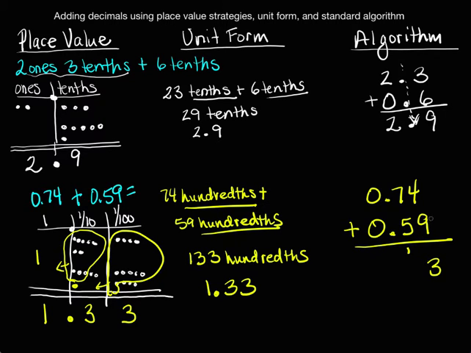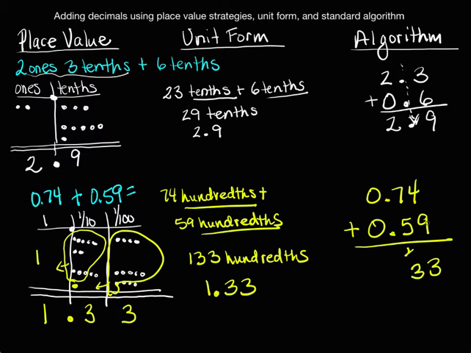I like to put my regrouping mark down below the line here, the sum line. It's easier to remember. It's just another way to record it. I could have put it up above the 7, but I chose not to. 7 tenths plus 5 tenths is 12 tenths, plus 1 tenth is 13 tenths. Have to do some regrouping again.